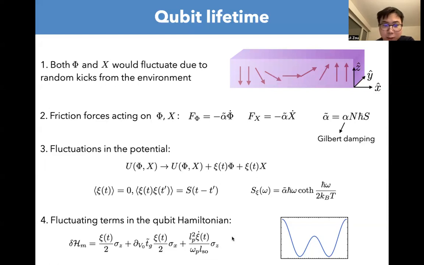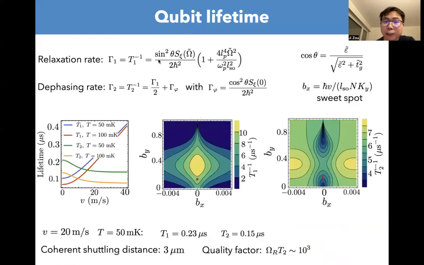So once we have this fluctuating qubit Hamiltonian, we could write down the relaxation rate and also the dephasing rate directly. One important thing we should notice is that this pure dephasing rate, gamma phi, is proportional to cosine theta squared, which is again proportional to the detuning.